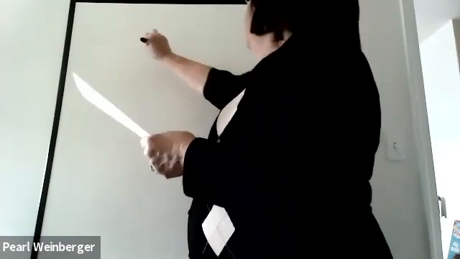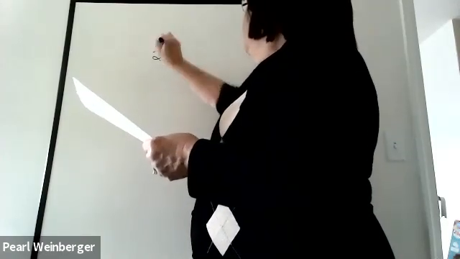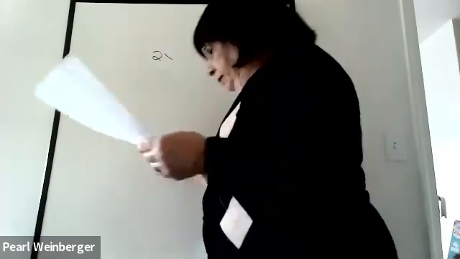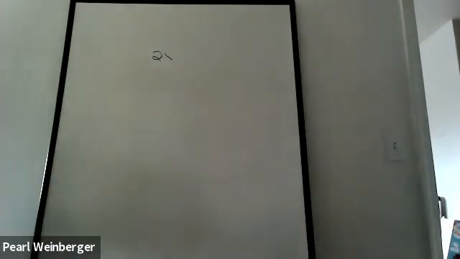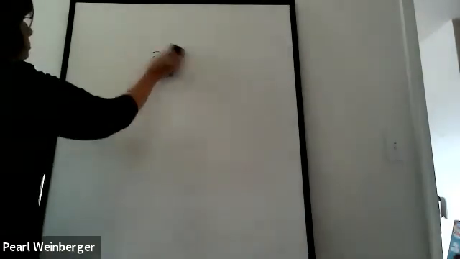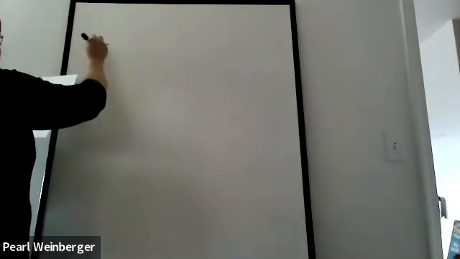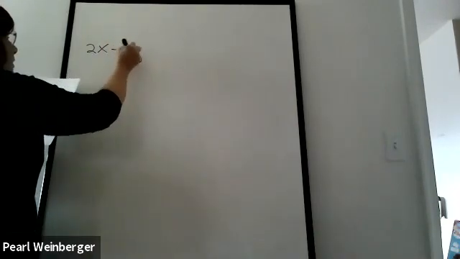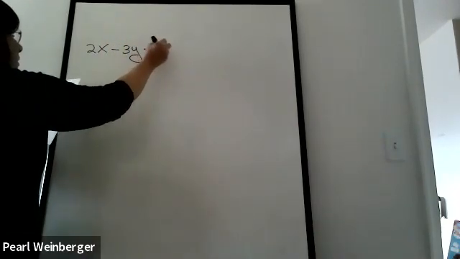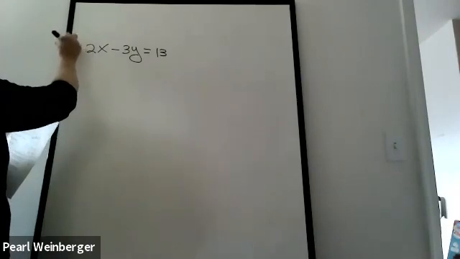We have 2x minus 3y equals 13. That's our first equation.